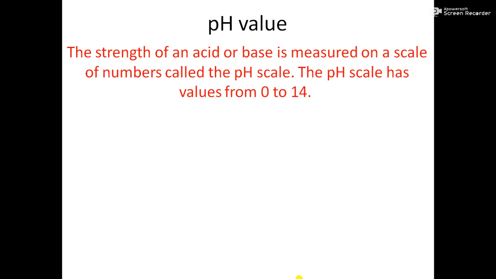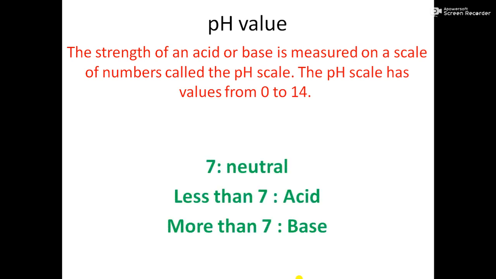The pH scale has values from 0 to 14. What is half of 14? That is 7. So students, wherever the number 7 is written on the pH scale, those substances are neutral substances.